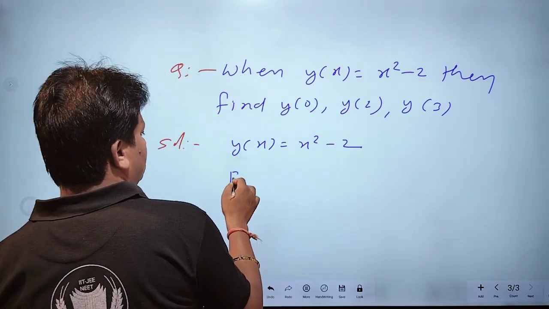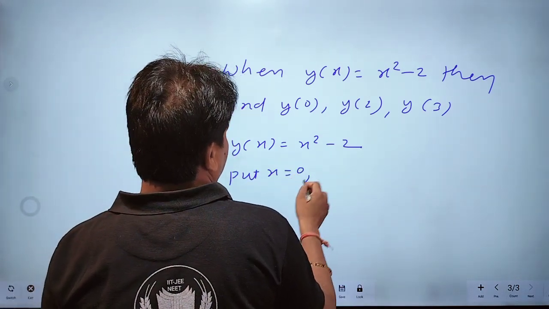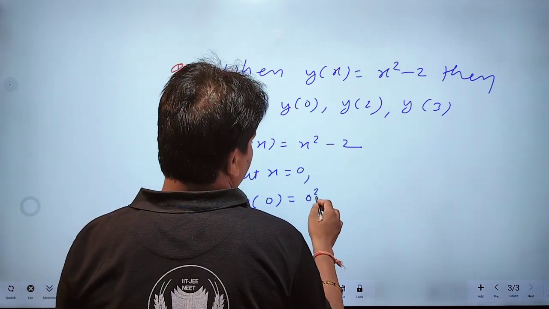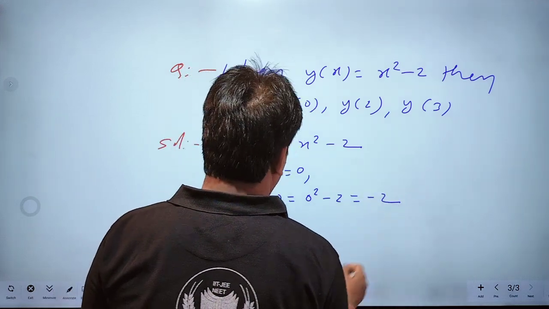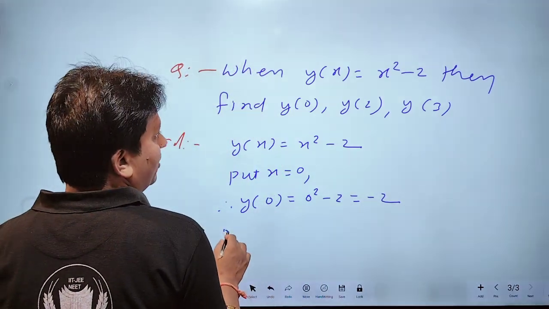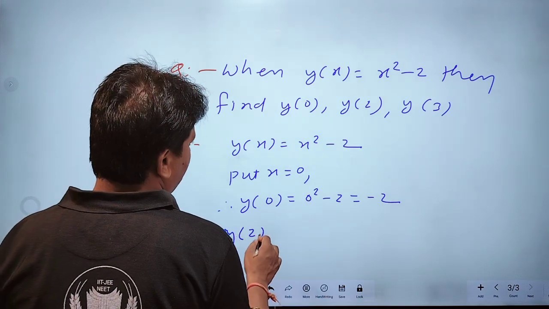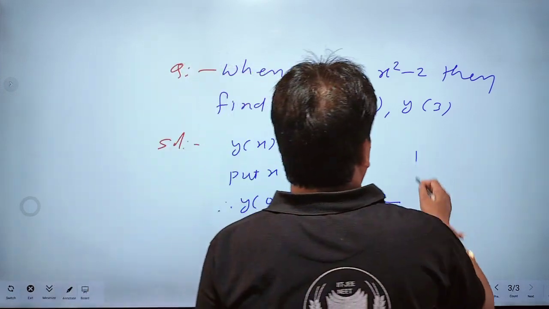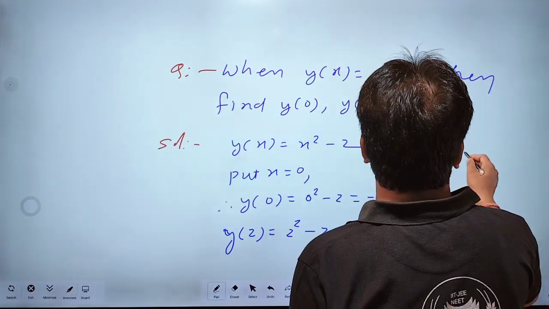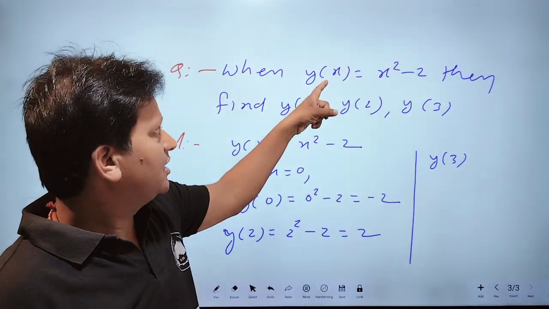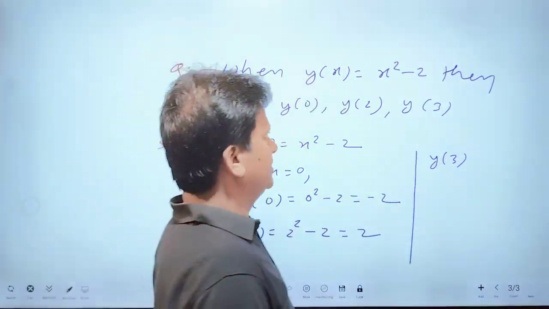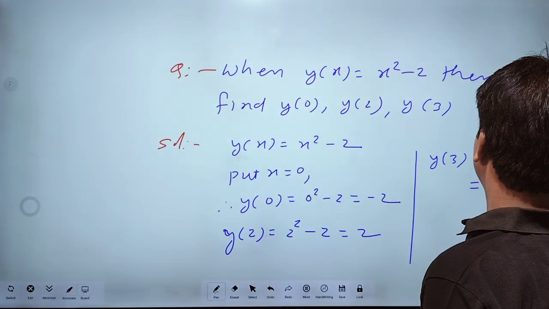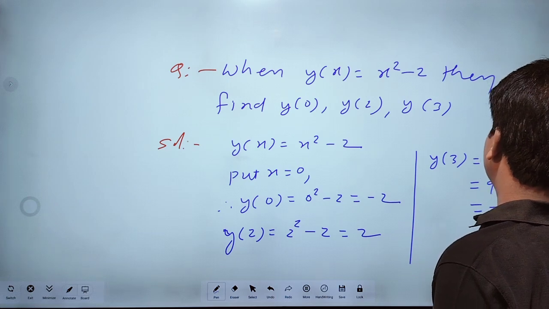Okay. Put x is equal to 0. Therefore y(0) is equal to 0 square minus 2, which is minus 2. Okay. y(2) will be 2 square minus 2, which means 2. And we have to find y(3). Put x is equal to 3 in this equation. Therefore 3 square minus 2, 9 minus 2 means 7. Okay.